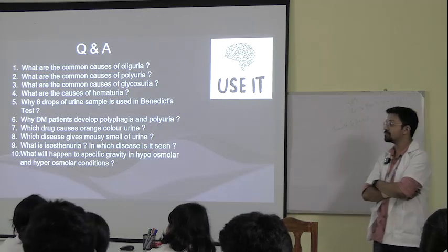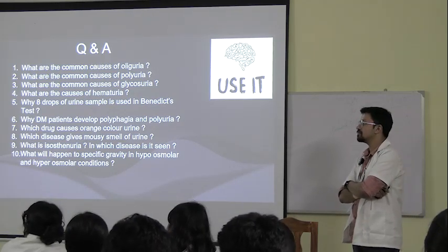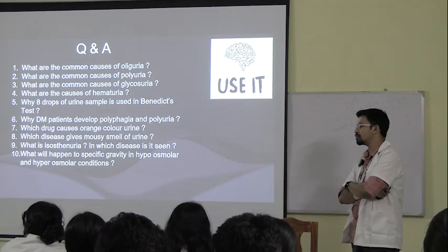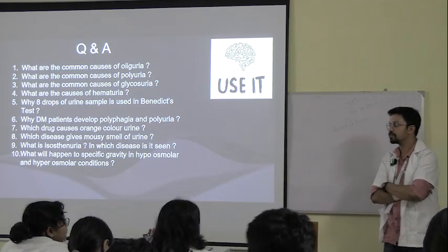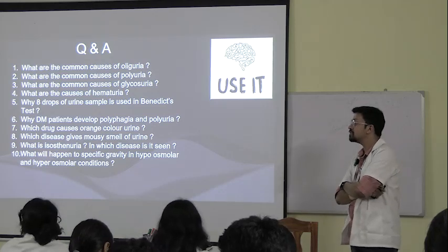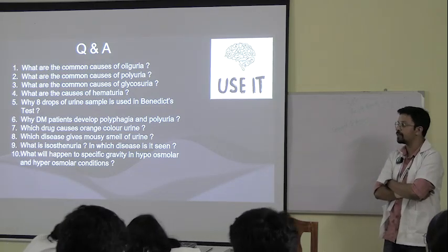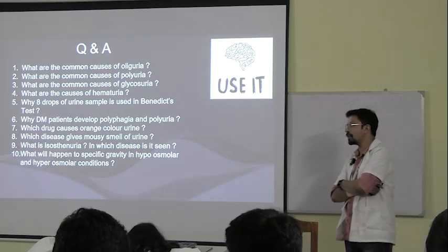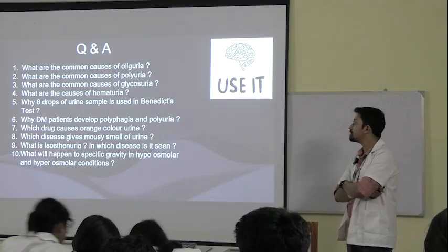What are the causes of glycosuria? One is renal glycosuria. Right now I said. Another one you say. Say it. If you are saying something, say it boldly. It might be wrong, it might be true, doesn't matter. Say it. If you're saying, then say it.